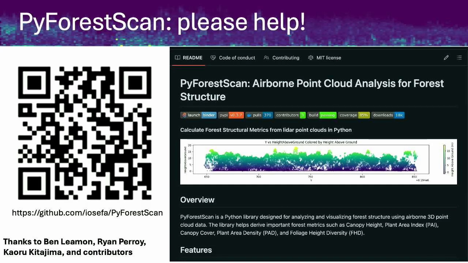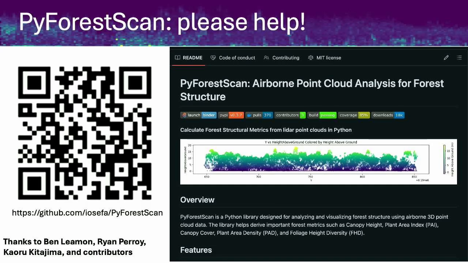Question: Regarding the GCPs that you used in the LiDAR data, is it specifically only from LiDAR, or are there ground truth points also? Answer: It's a great question about ground control points in the data acquisition.